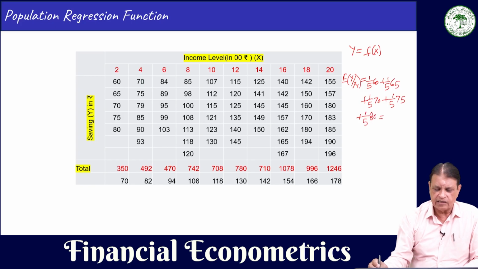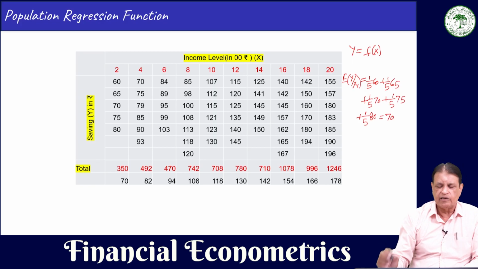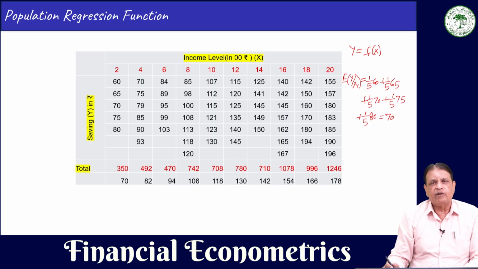If we carry this out, we will get 70. So 70 is the conditional mean of Y that is associated with X1. So the expected value of Y given X1 is equal to 70.